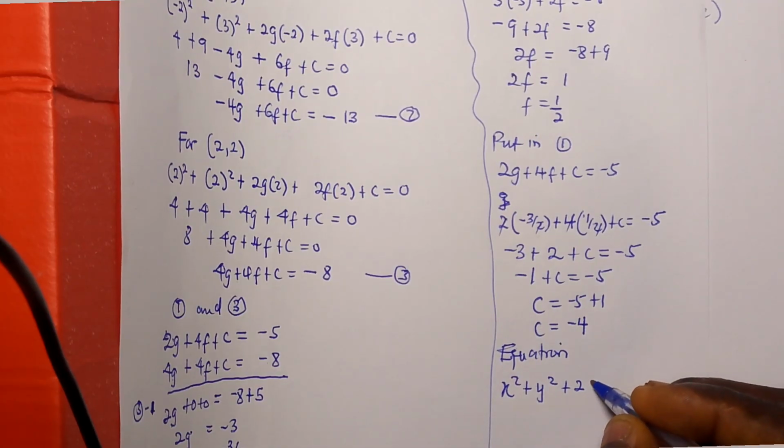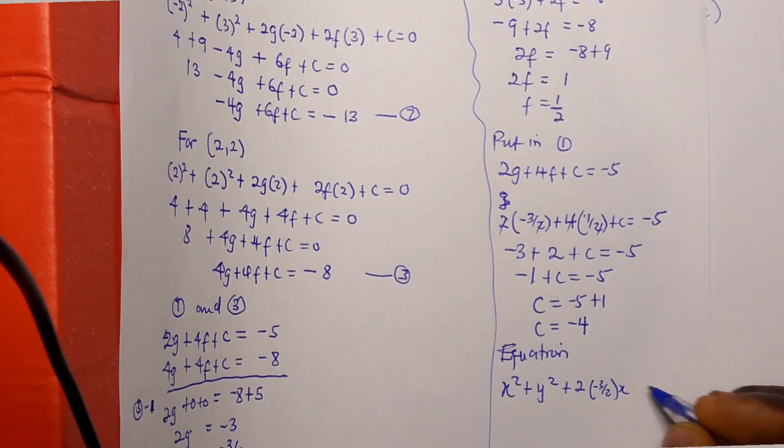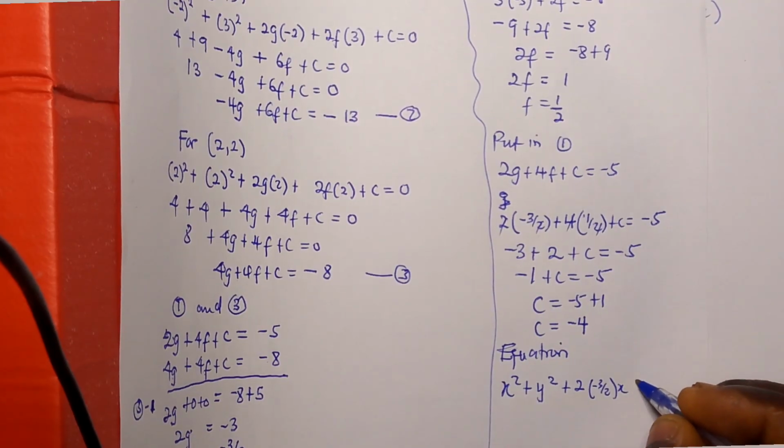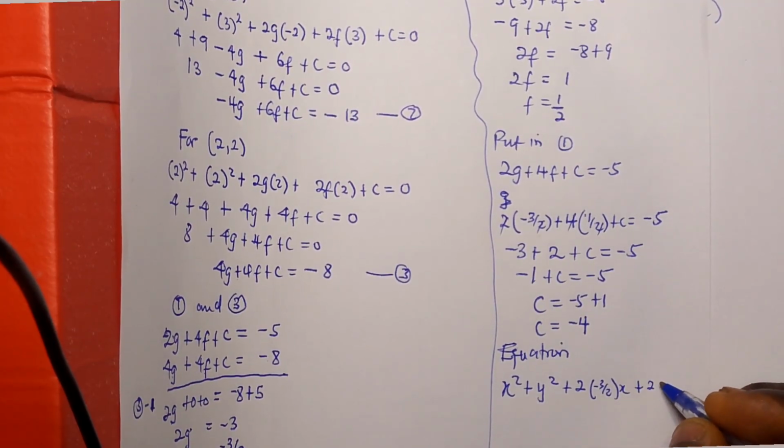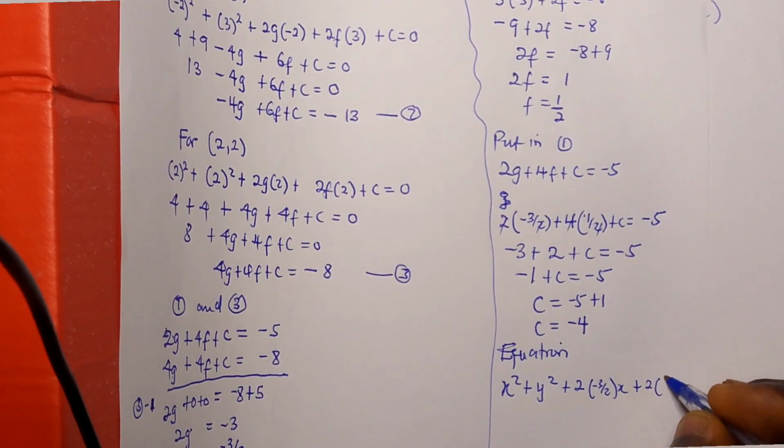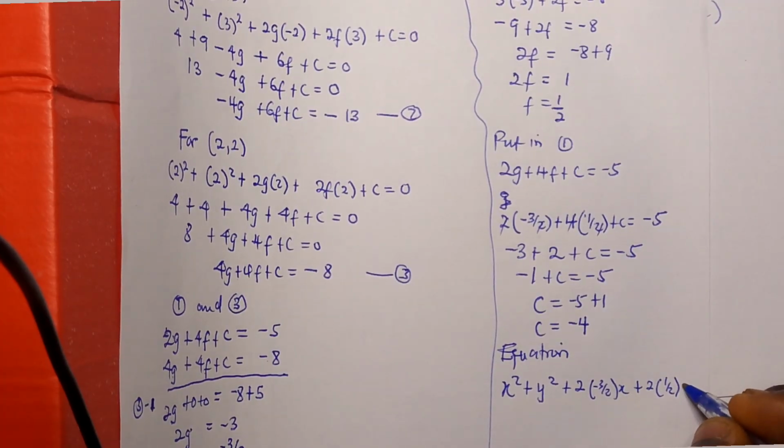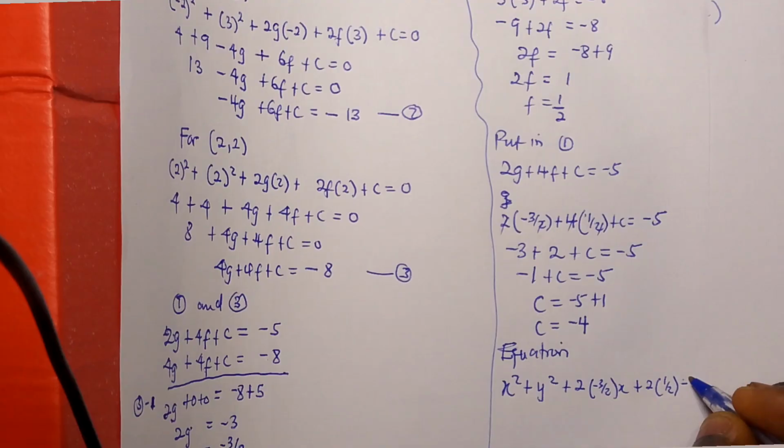Our j is negative 3 over 2, our f is 1 over 2, and our c is minus 4.